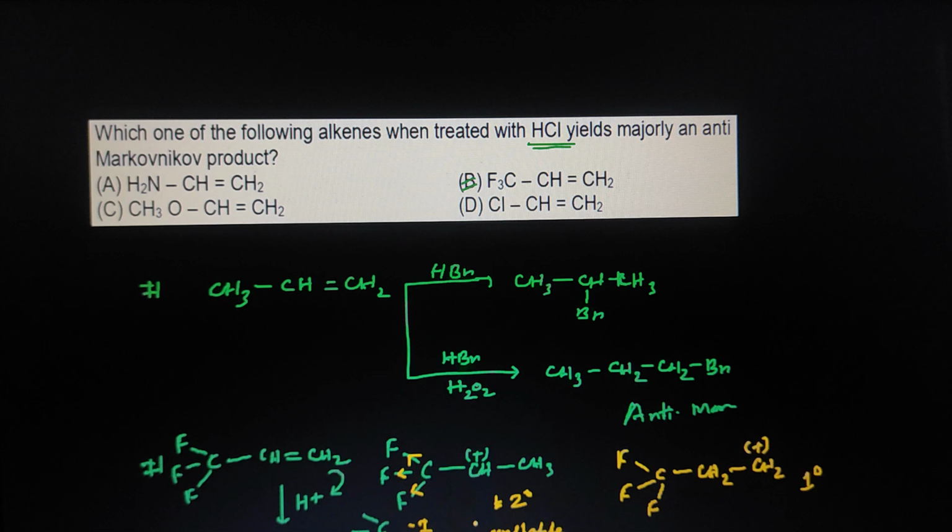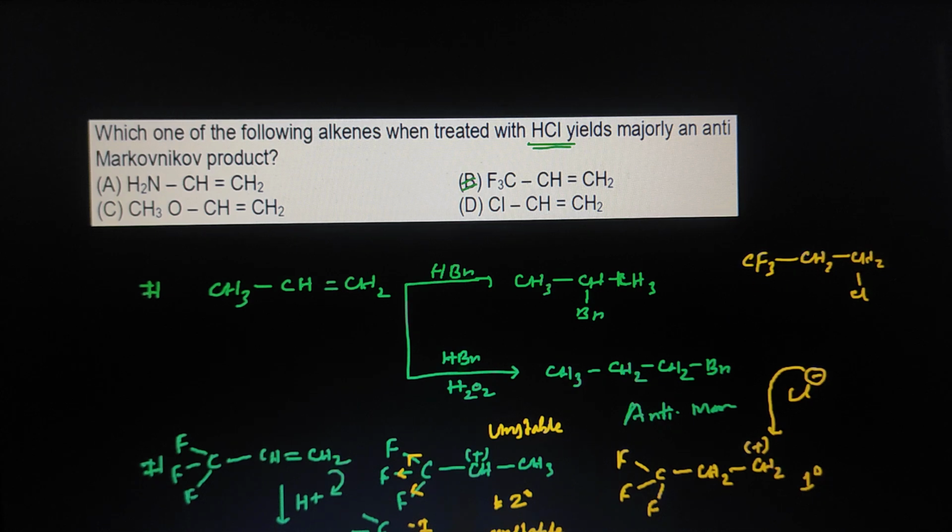In comparison to that, this is stable, and Cl minus can attack this CH2 and we will get the anti-Markovnikov product CH2Cl without any presence of H2O2.